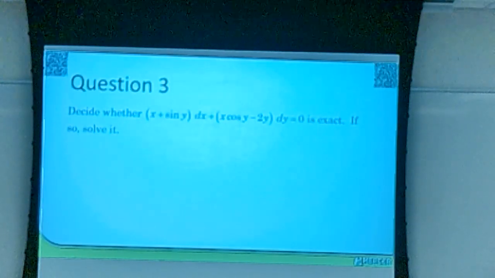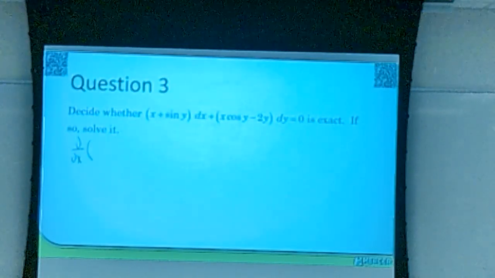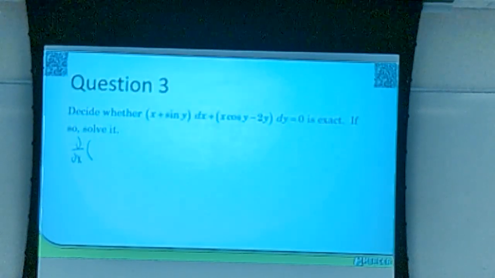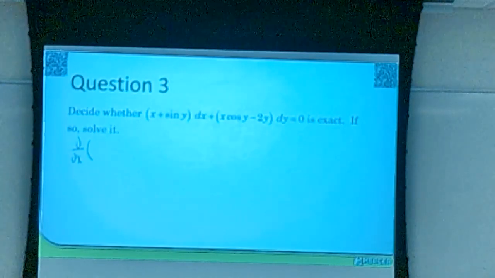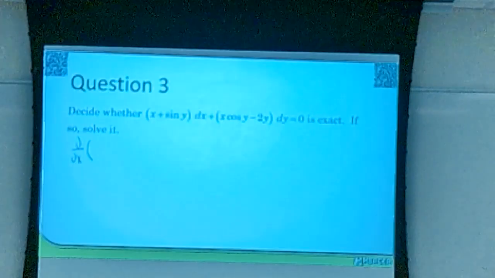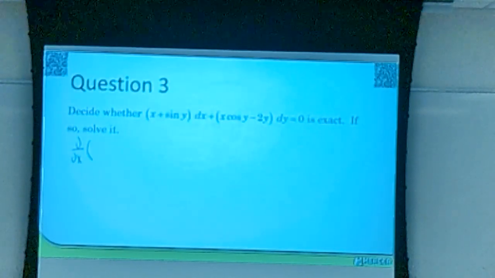So I'm not actually going to write out M and N this time. What are we going to want to take the partial with respect to x of? Process of elimination would be one.